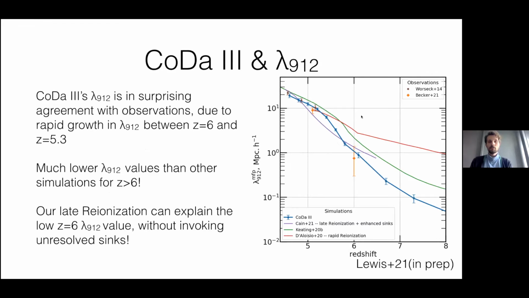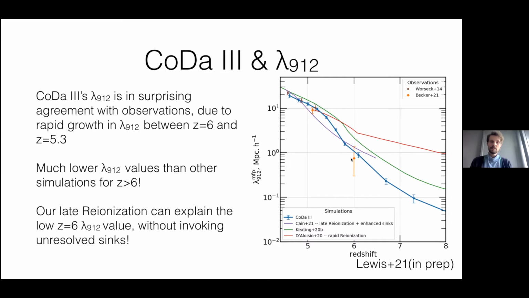Here I'm showing on the right the mean free path as a function of redshift in CODA 3. That's the blue line with the error bars. Again, you can see the newest Becker points here in orange-yellow, and the older Worseck ones in this kind of brown color. You can see that CODA 3 is an excellent match to these observational data.